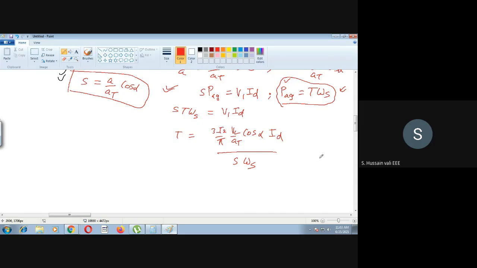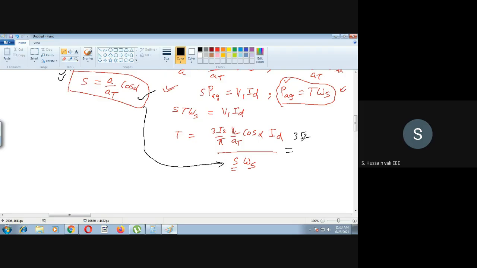Now here we'll do one thing. What is S here? We got an equation for S, A by AT. So we'll substitute this equation in place of S. Then AT will get cancelled, and cos alpha will get cancelled.